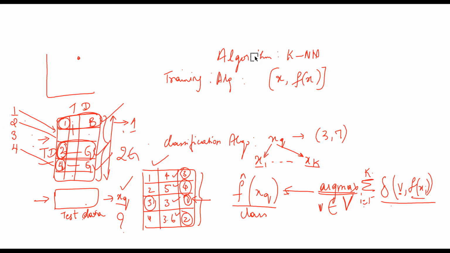So that good value is going to be placed over here. So f cap of xq is equal to argmax of v belongs to capital V, summation of i equal to 1 to k, delta of v comma f of xi. I'm trying to correlate everything with respect to this example. I want you to visualize it so that it is very easy for your understanding.